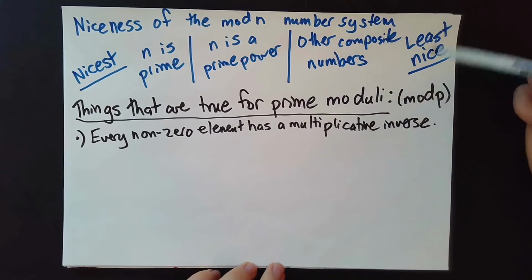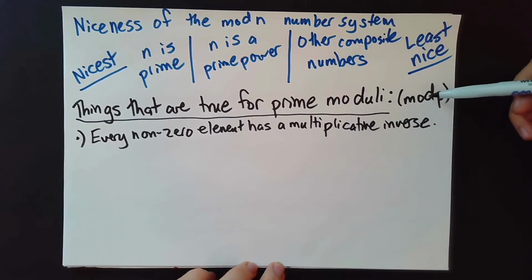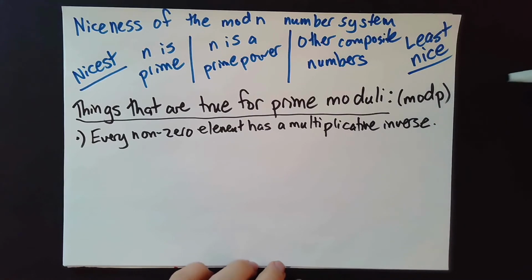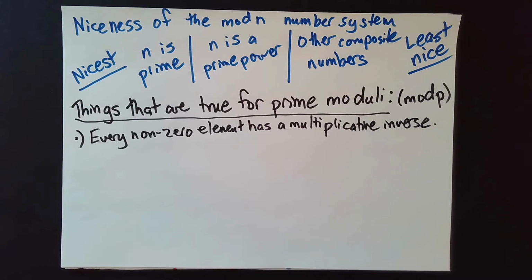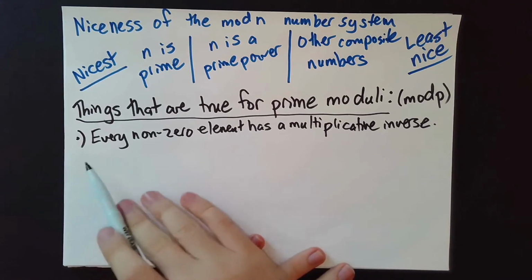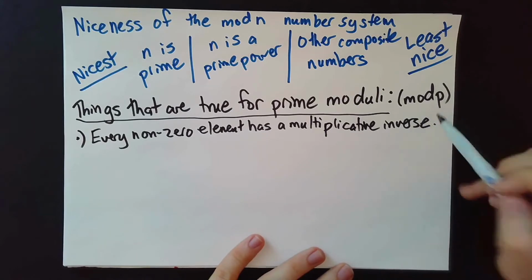This is because no non-zero number can have a GCD with p that's something other than 1, because if a remainder mod p has a non-trivial GCD with p, that means p has a factor, which means it's not prime. So every non-zero element automatically has a multiplicative inverse. Which, again, is exactly like the real numbers, where you can divide any two real numbers as long as the number you're dividing by isn't 0. In the fancy lingo, an algebraist would say this makes the integers mod a prime a field.